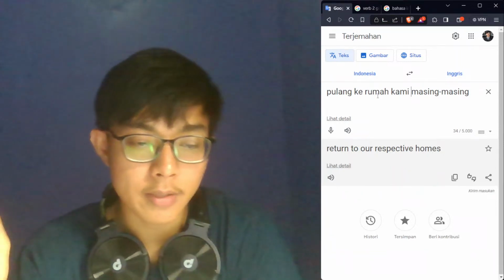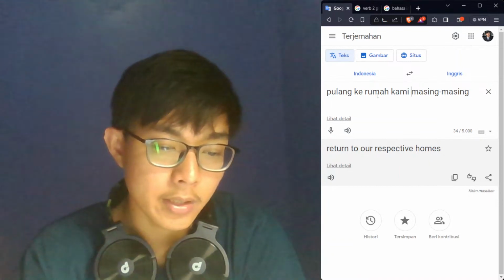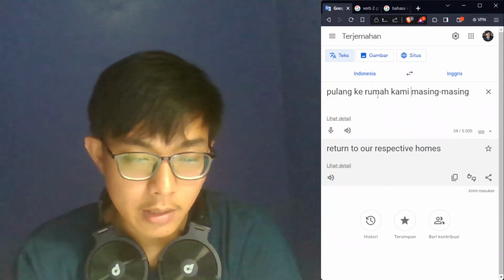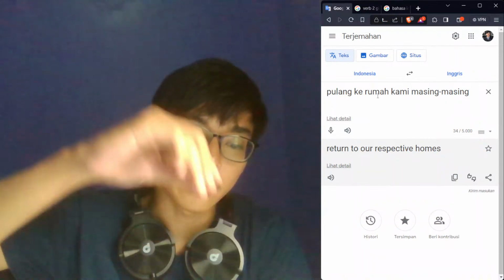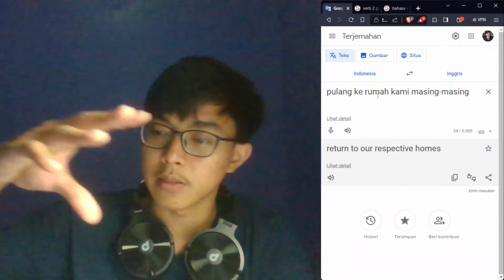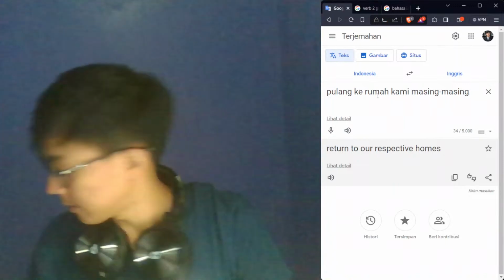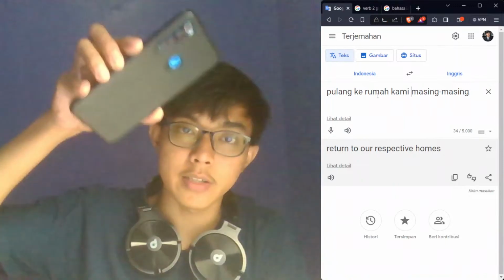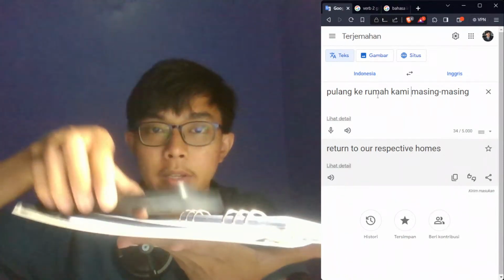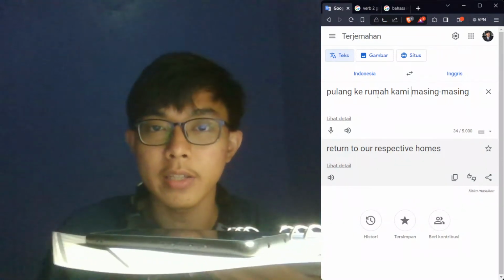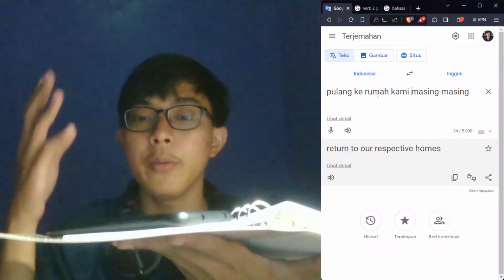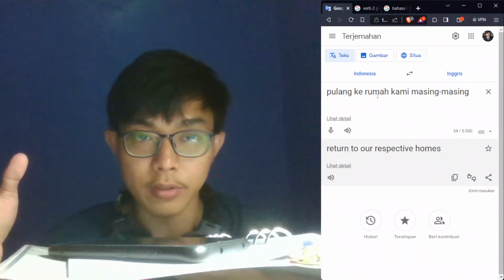On is used if the thing is on the top and touching the thing. For example, if my phone is touching my book, we can say my phone is on the book.